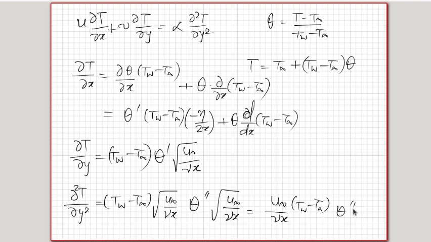Okay, now I can substitute all the values that I have. Let me write down the u and v expressions also here. I know u is equal to u infinity into f prime, and I also know v is equal to half of square root of u infinity nu by x multiplied by minus f plus eta f prime.